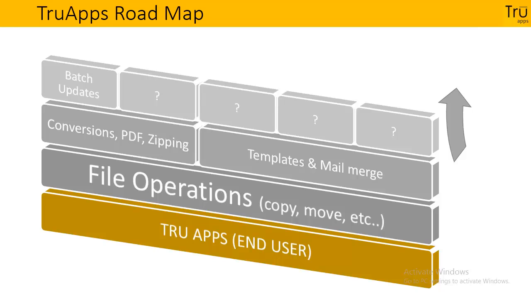And the answer is that common tools like PDF conversions, right? We were able to convert to PDF. That's a very common process to publish files and documents, send them to clients, etc. So PDF conversions was added to TruApps, and then also zipping, right? If you want to archive and zip files, whether to send them or for whatever reason, we always had a need to zip, right? Shrink files, compile them in one file.